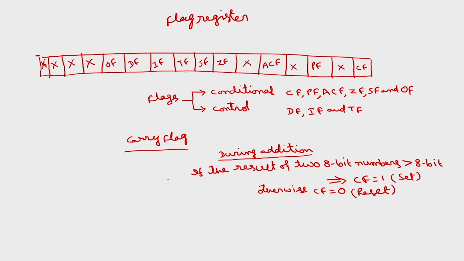This is during addition, whereas during subtraction, if the MSB needs a borrow, then the carry flag is set. Subtraction is normally performed with a minuend and subtrahend.